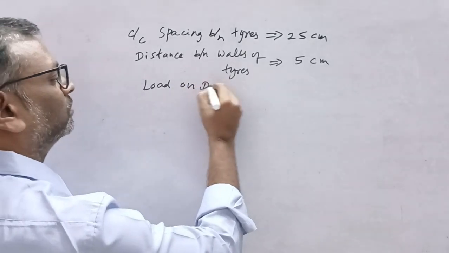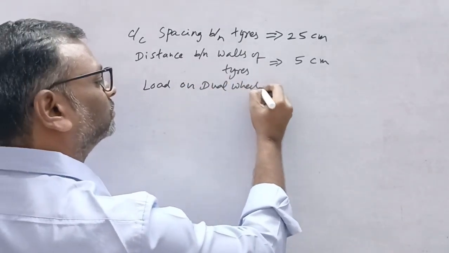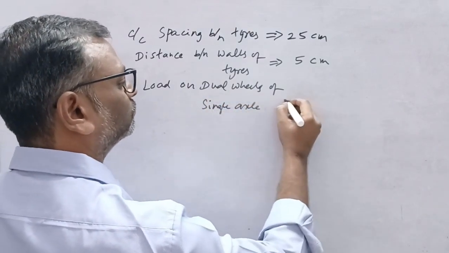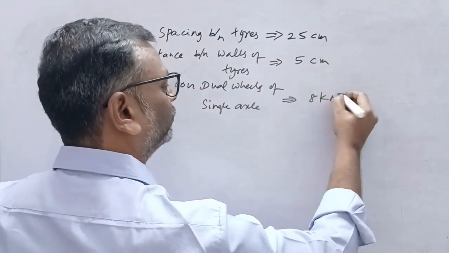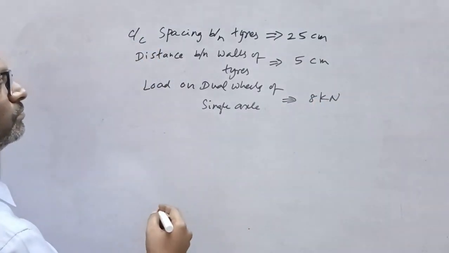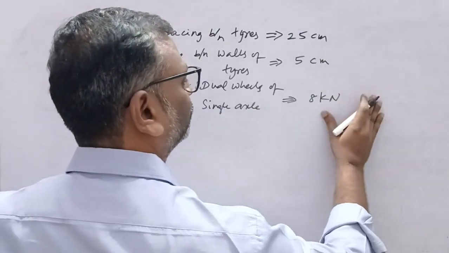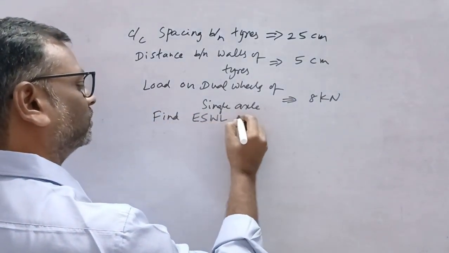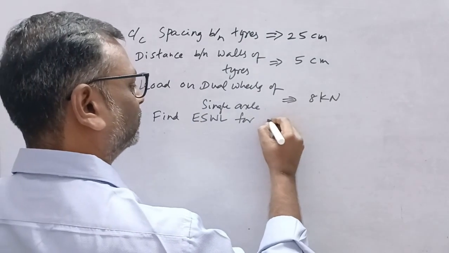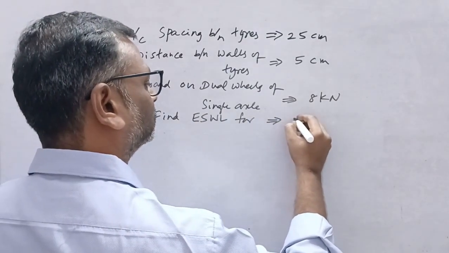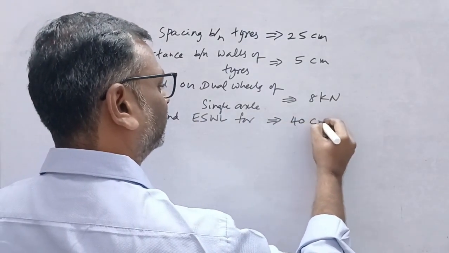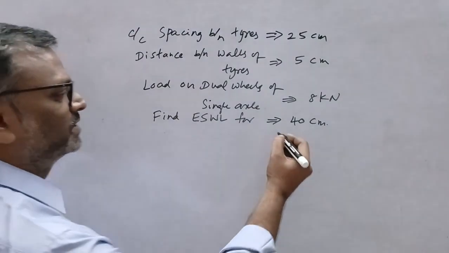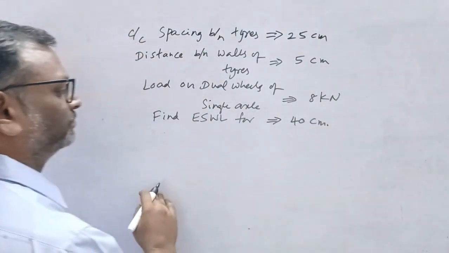Load on dual wheels of single axle is 8 kilonewton. Now find the equivalent single wheel load for pavement thickness of 40 centimeter. So we will find the equivalent single wheel load for 40 centimeter pavement thickness.